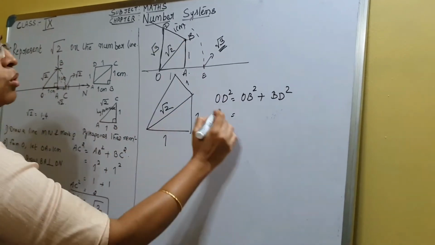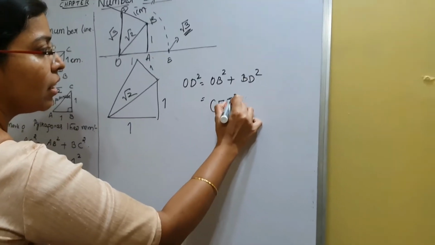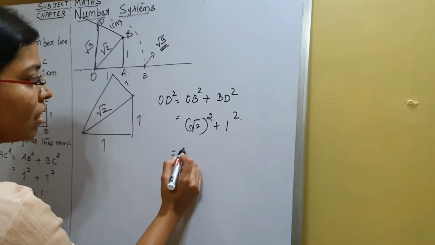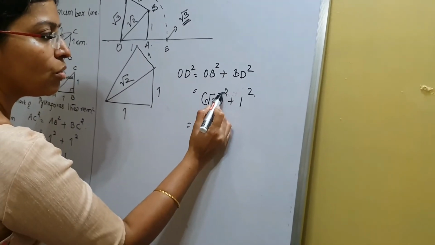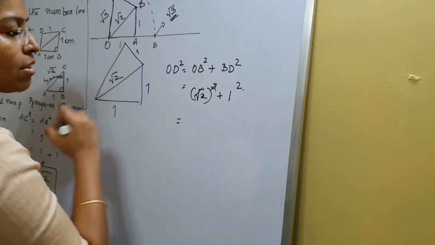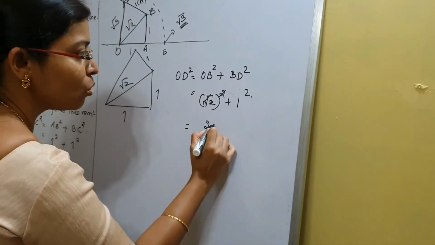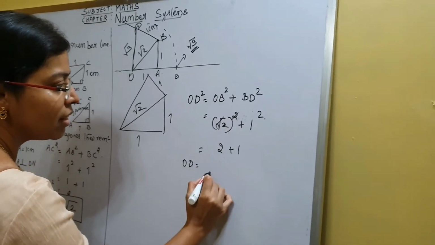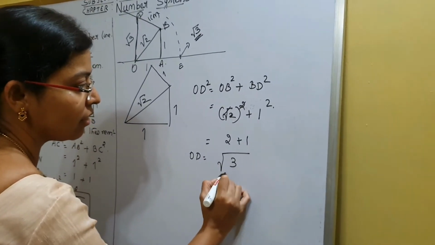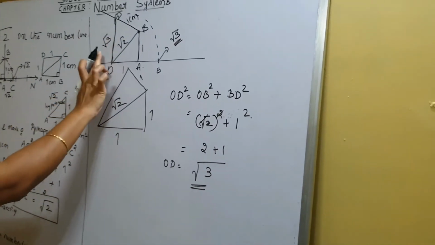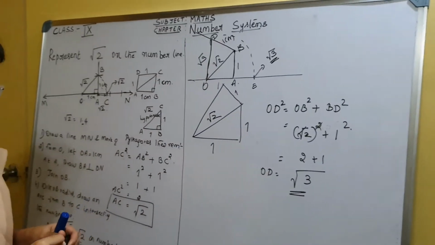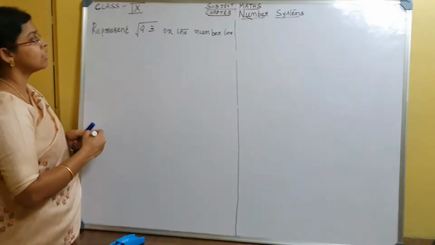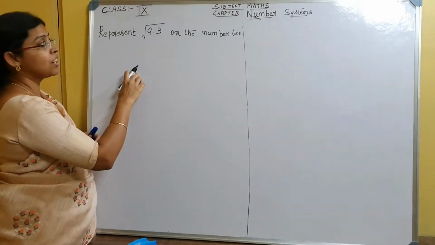OB square is root 2 the whole square plus BD square is 1 square. So when we square root 2, the square and the square root get cancelled, it is 2 plus 1. Therefore, OD will be square root of 2 plus 1, which is 3. Therefore, OD is root 3. Okay, children? So we have seen the irrational number on the number line.